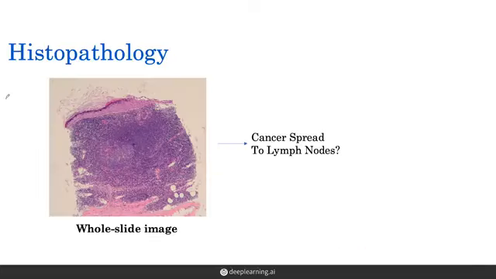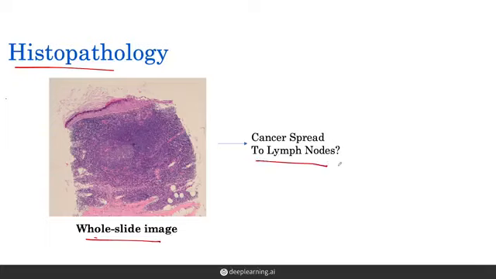Our third example is in histopathology, a medical specialty involving examination of tissues under the microscope. One of the tasks that pathologists do is look at scanned microscopic images of tissue called whole slide images and determine the extent to which a cancer has spread.